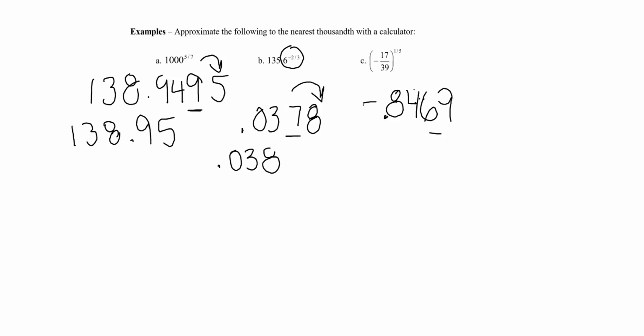And again, I'm rounding to the thousandths. That's a 9, so my 6 will become a 7. So my answer is negative 847 thousandths.